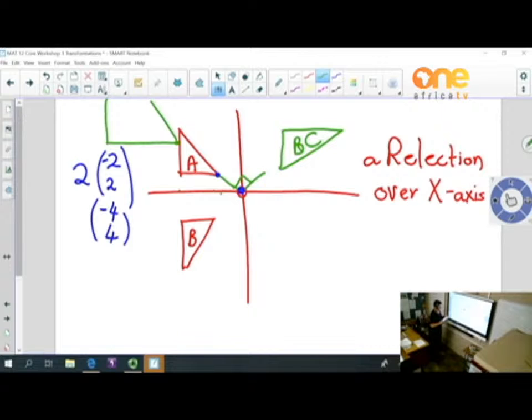The last one is: translate A by the vector 6, -4, and label it E. Now, 6, -4 means 6 to the right, 4 down. So I start here, and I go 6 to the right, 2, 4, 6, and then 2, 4 down. So this is where it will start.